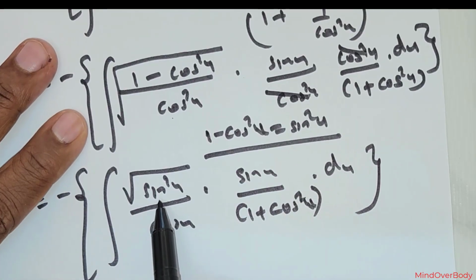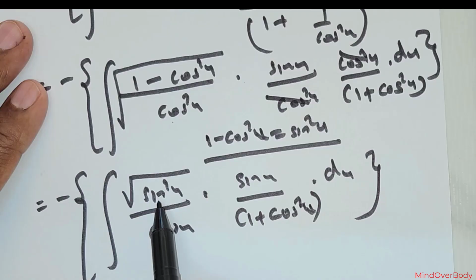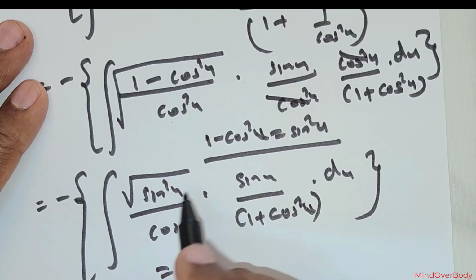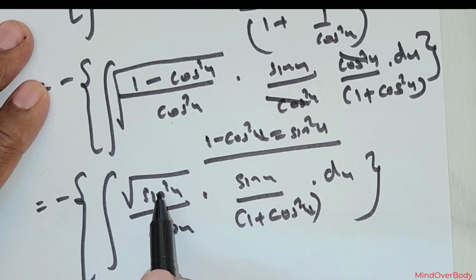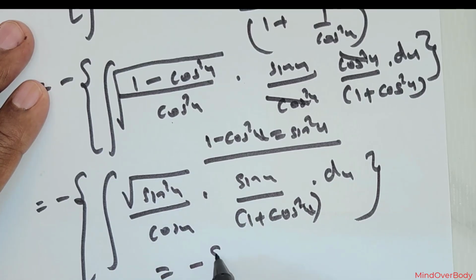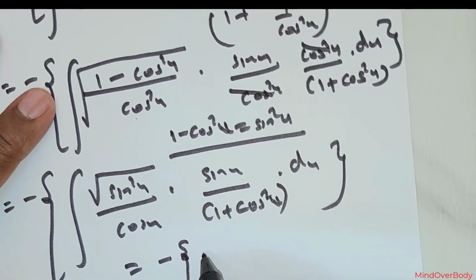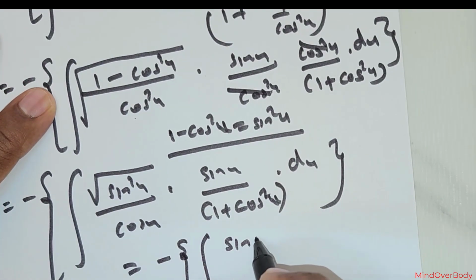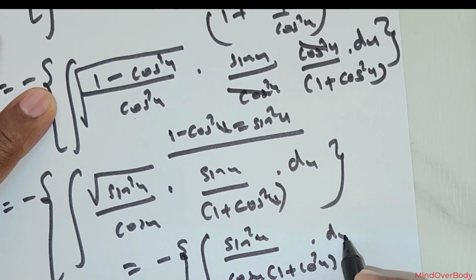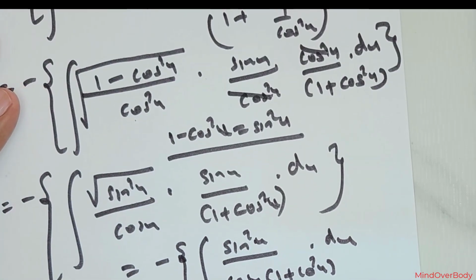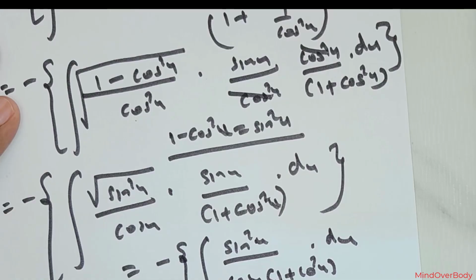Now root of sin squared u is sin u, right? So sin u times sin u is sin squared u. So negative sign, you get sin squared u divided by cos u times 1 plus cos squared u times du.